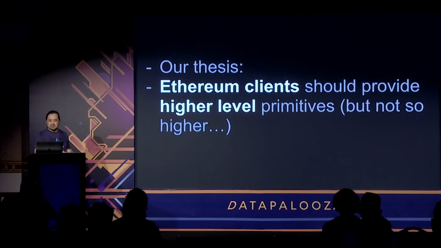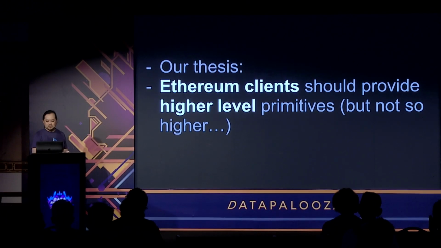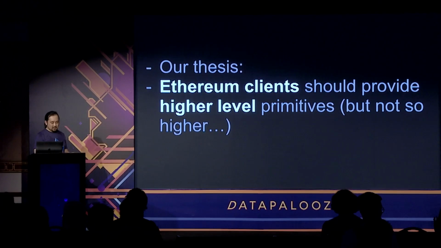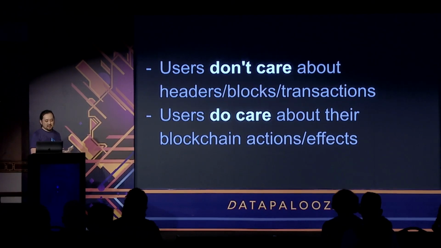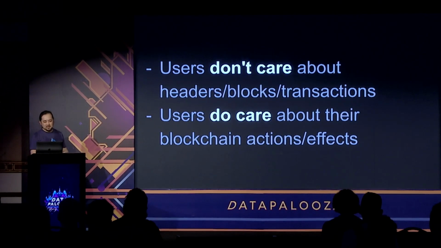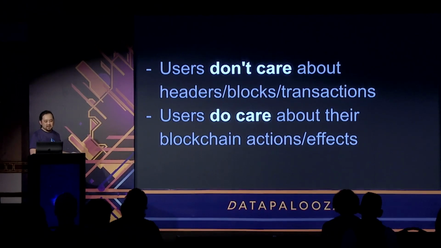In order to understand our decisions, first I'd like to state our vision for what we think an Ethereum node should do and how it should do it. First, we think that Ethereum clients should provide higher level primitives, higher than headers, blocks, and transactions, which are the basic building blocks that any Ethereum client provides, but that's very low level.